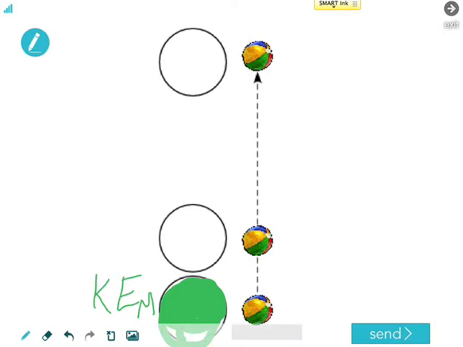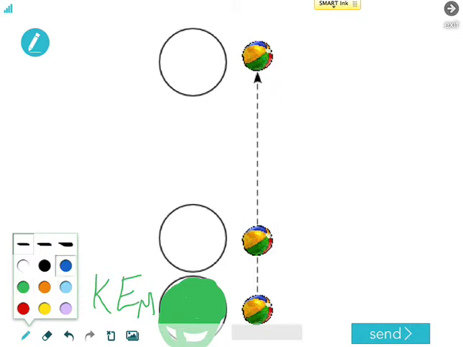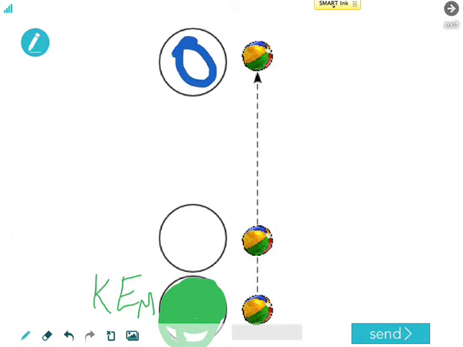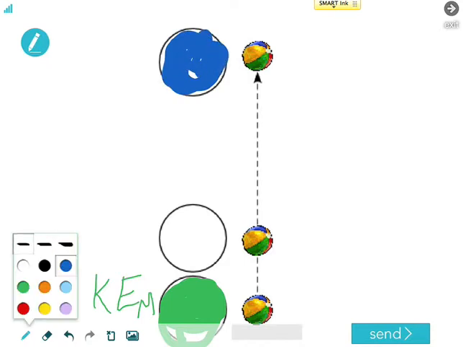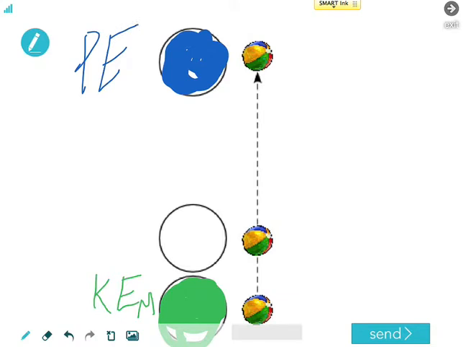Then at the very top, the ball is not moving at all, which means that we have 100% potential gravitational energy. And for the middle pie chart, it's not quite halfway, which means we don't have quite 50% gravitational potential energy.